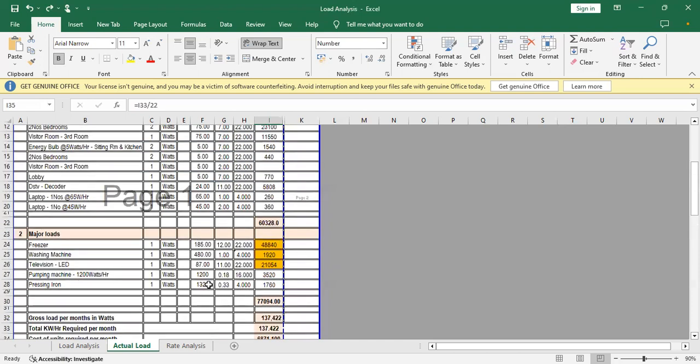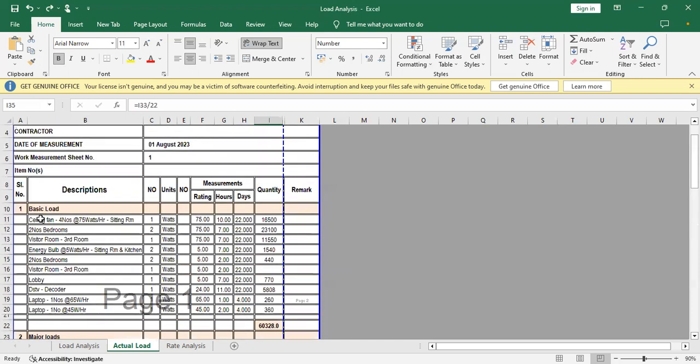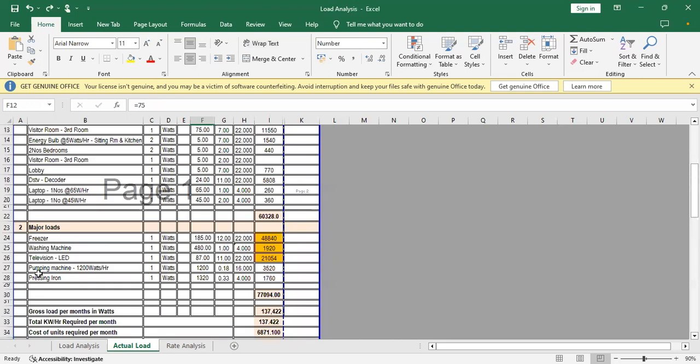So with this data, when you want to buy your ceiling fan, I believe that maybe there are ceiling fans whose wattages are much lesser than this. The same thing applies for pumping machine. I believe there are some new energy saving pumping machines which are much less than 1,200 watts per hour.